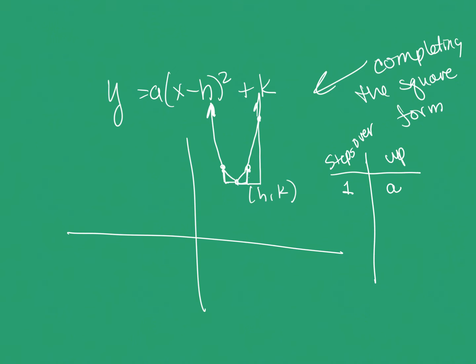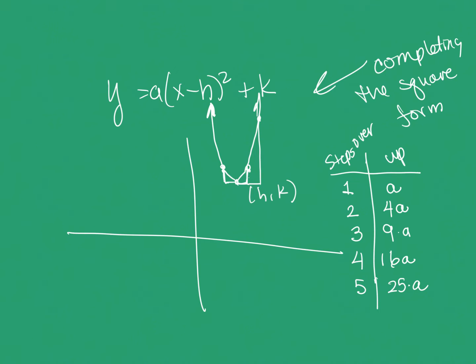If A is negative, you go down. If you go over 2 in each direction, you go 4 times A. Over 3, you go 9 times A. Notice this is a squaring function because it's squared, it's a quadratic. Over 4, this would be 16 times A. Over 5, it'd be 25 times whatever A is. So that is how you can easily graph a quadratic equation.